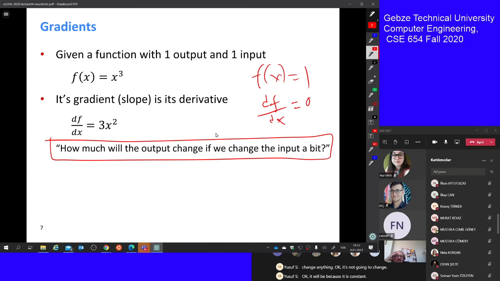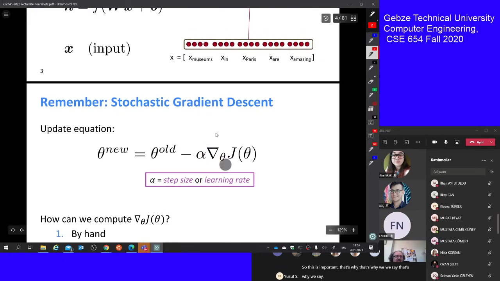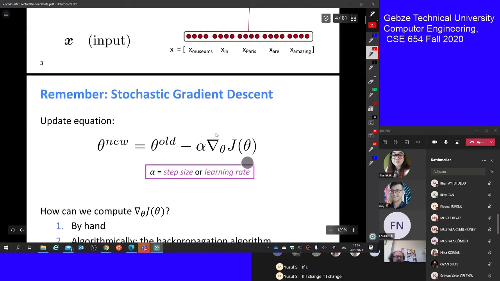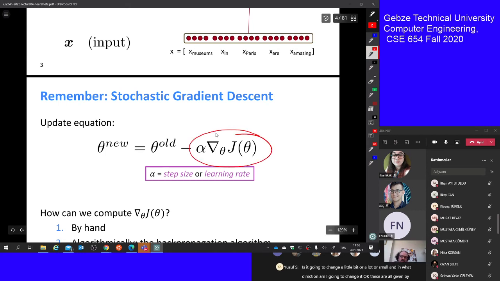So this is important. That's why, if I change theta a little bit, but I don't have a single theta, I have hundreds of thetas, how does the loss function change? Is it going to change a little bit or a lot? And in what direction am I going to change it? These are all given by this. So I need to be able to take the derivative of this kind of structure.